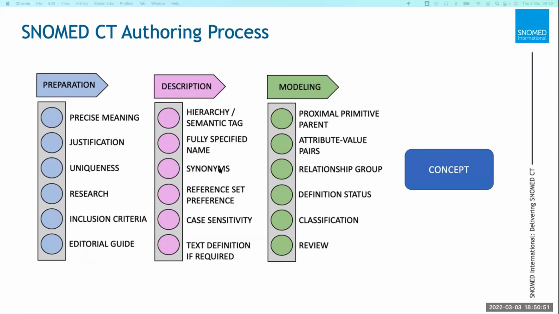Then you have to develop what hierarchy you're going to put it in and what descriptions you're going to have, and things like case sensitivity. And then you have to consider how that would be modeled within SNOMED CT, what parents it would have, what relationship groups, and what its definition and status is. And obviously, we classify concepts and there's a certain amount of review.